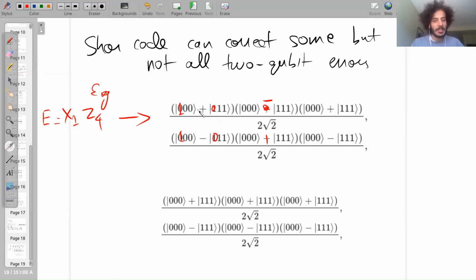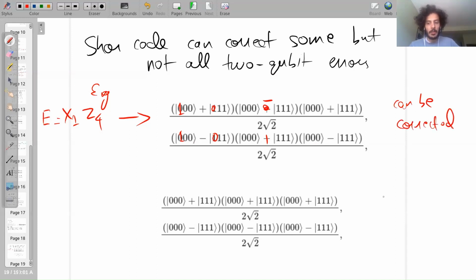This is completely separate from this. And then he will compare the values of the phases in the second part, and then he will realize that this phase is off, so then he will correct it. So this is an example of a 2-qubit error that can be corrected, right?